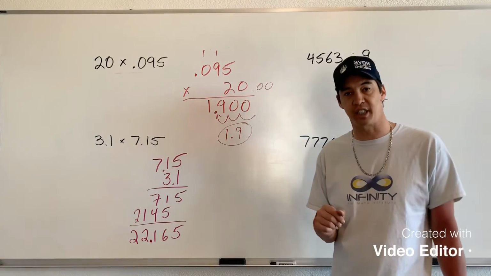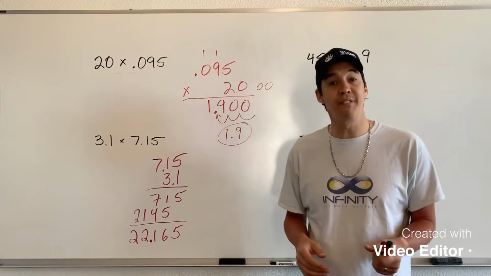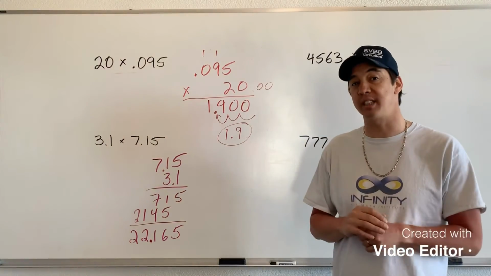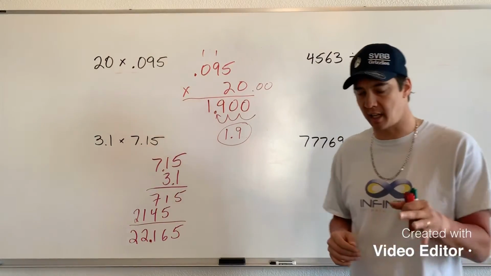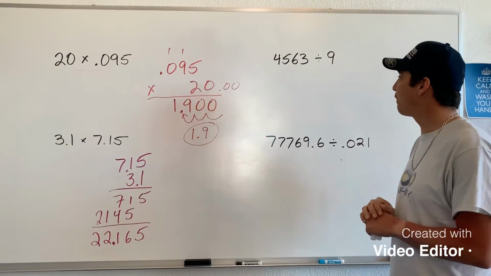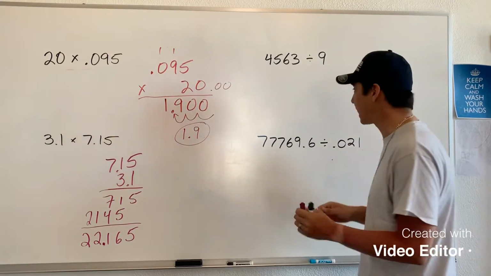Now let's get into division. I would love to revisit this division lesson when you know more about fractions next week, but it's going to be really easy to understand. Check it out. For example, when I have 4,563 divided by 9, right? We all know how to do that, right?